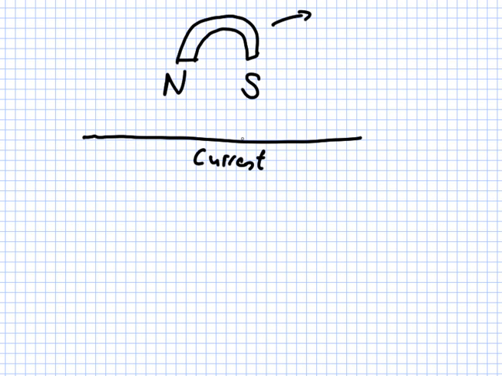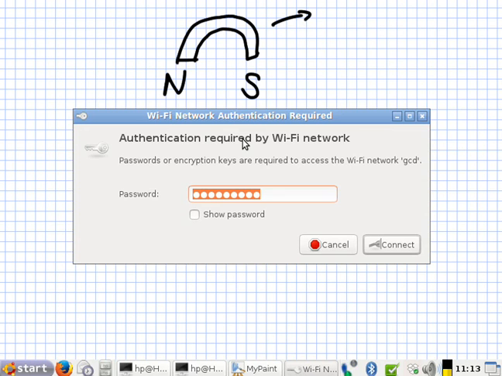But doesn't it depend on the strength? Oh yeah, we haven't done the formula yet, but yeah, it depends on the strength, of course. Depends maybe on how quickly you're moving it. Yes, of course.